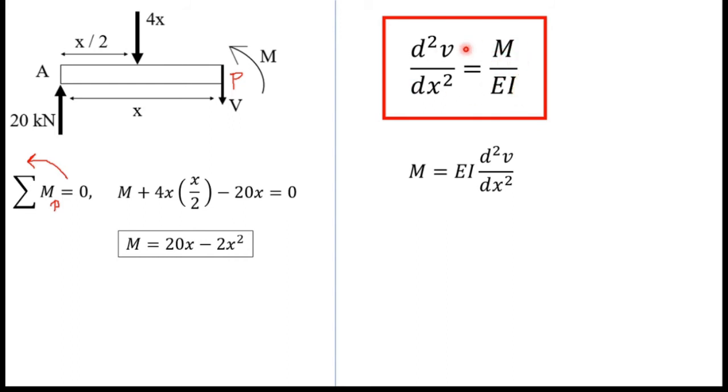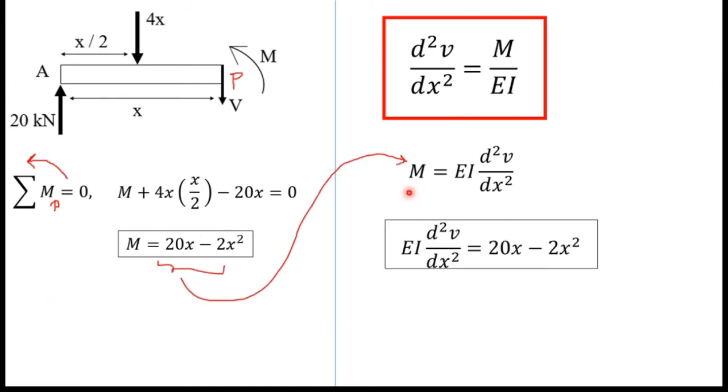If I solve this equation for M, I can write M equals EI times d to the power 2 v over dx to the power 2. Then I will substitute this equation for this M. If I substitute this, I can write it like this.